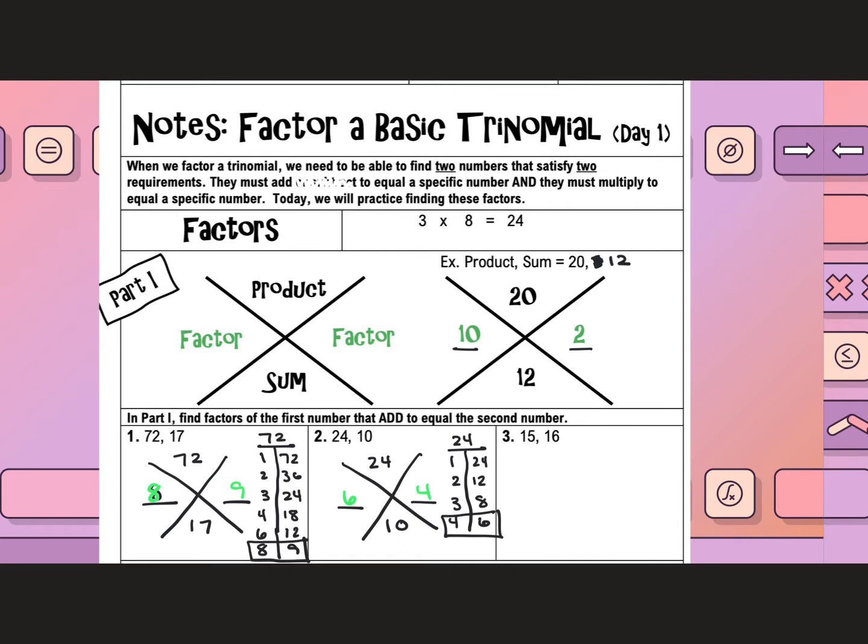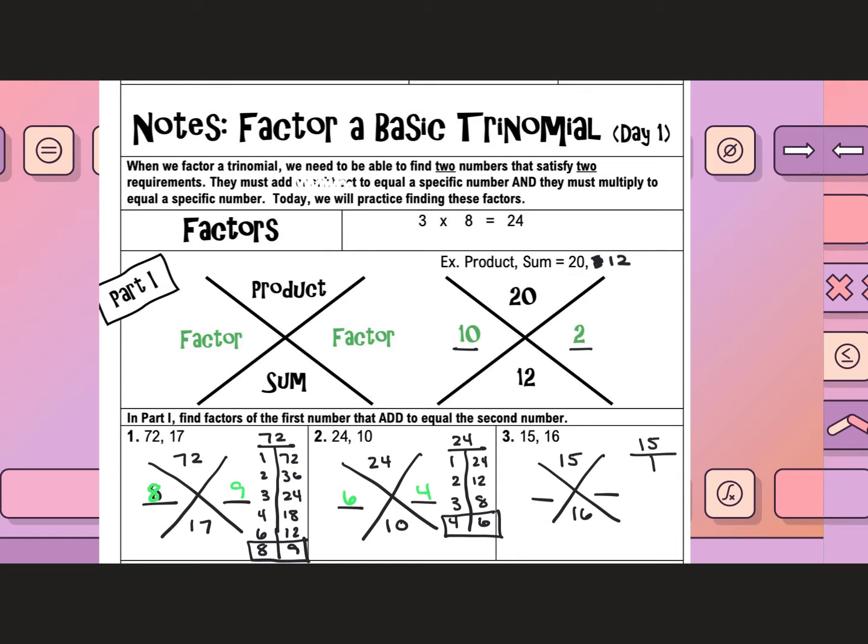All right, so now I want you to take a look at number 3 and try that one on your own. Setting up number 3, I have 15 and 16. I want two numbers that when I multiply give me 15, and when I add them together give me 16.